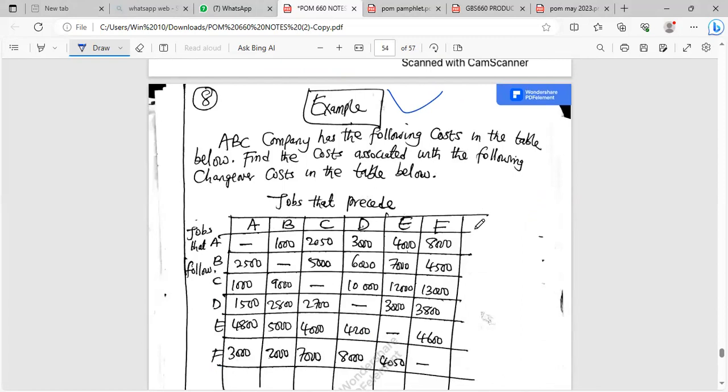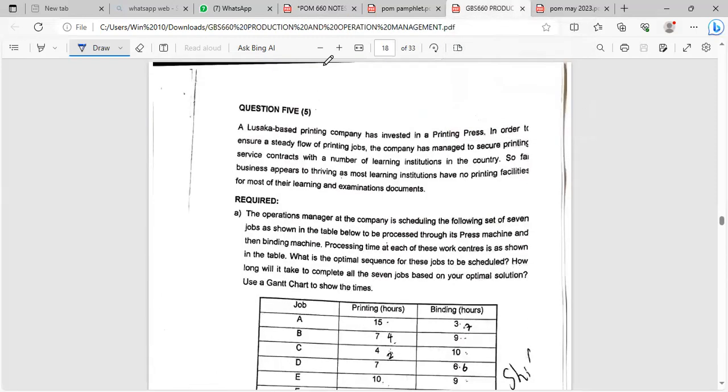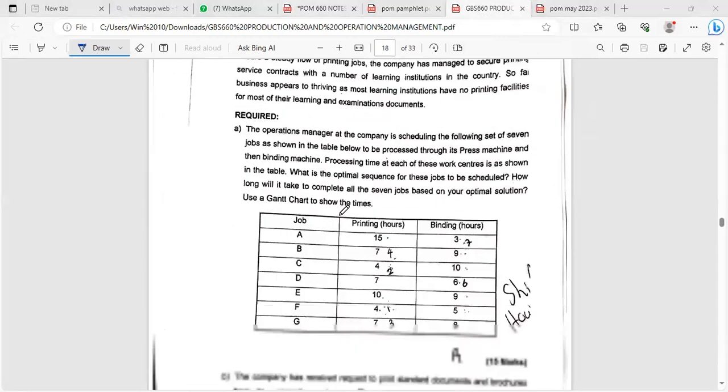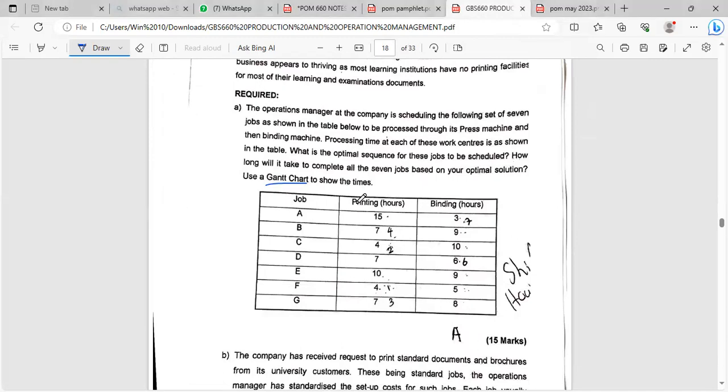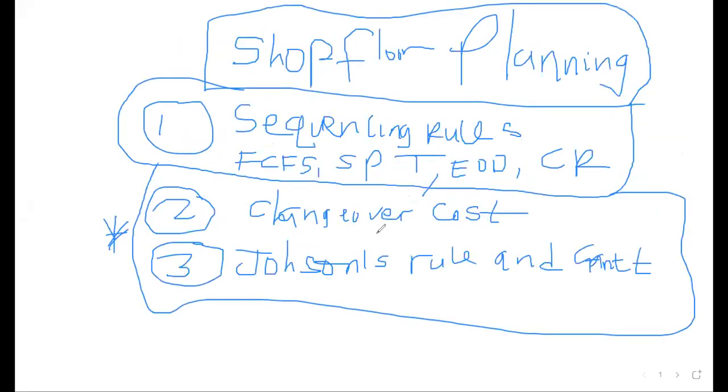Once you understand one, the most important thing is to understand the concept, to catch whatever it is that we are looking at. The first part of this question has to do with the Gantt chart, which I haven't yet explained and will explain second. The first thing to start with is the changeover cost involved in changing production. Then we can go to the other one.